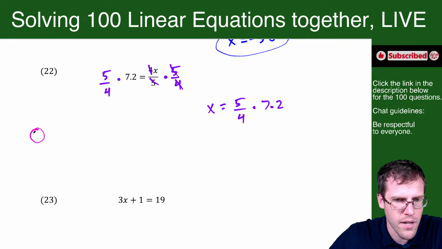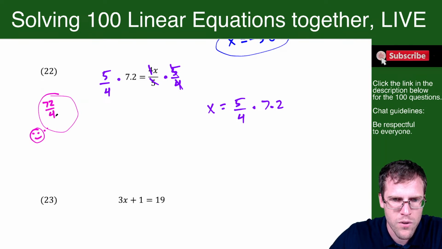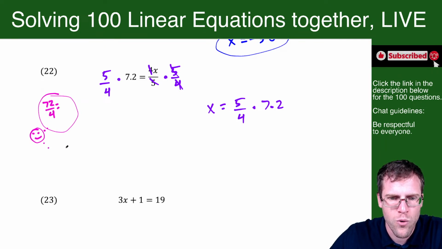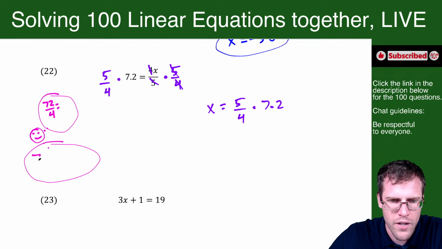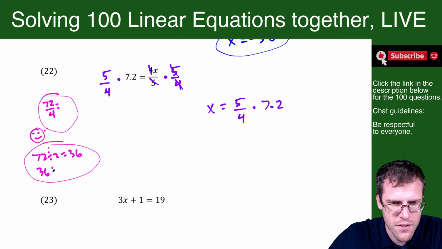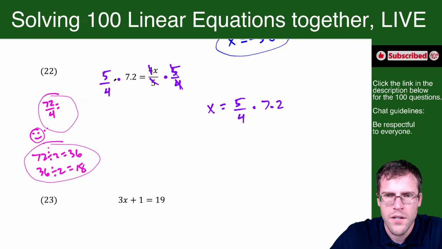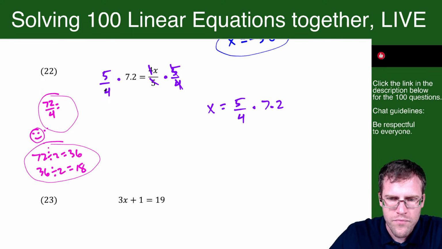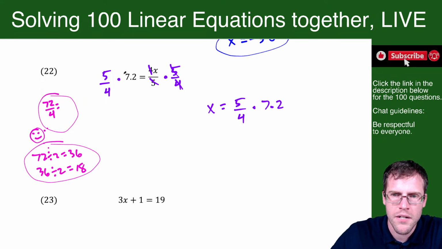What I'm imagining in my head, if you want to do this in your head, is I imagine 72 divided by 4. And when I divide something by 4, I divide it by 2 twice. So I do 72 divided by 2 is 36. And then 36 divided by 2 is equal to 18. Okay, so then here I would have 18, but the thing is 7.2 divided by 4 is not going to be 18.